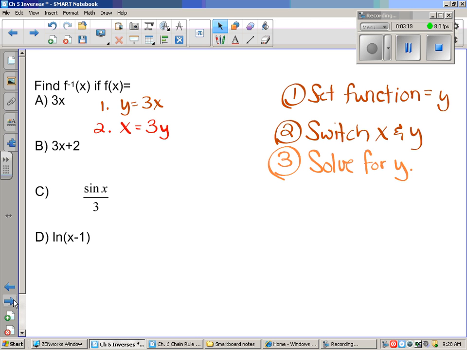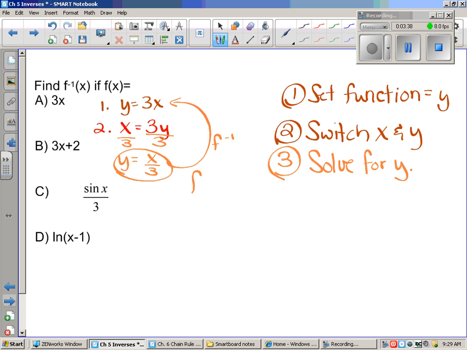And so now when I solve for y, I'm going to divide this by 3. Divide by 3. I get y equals x over 3. And that would mean that this is the inverse function of 3x. So the way this would be written is the inverse function of x would equal x over 3. And that would be as it would be written.